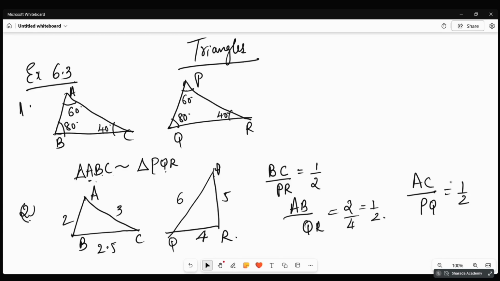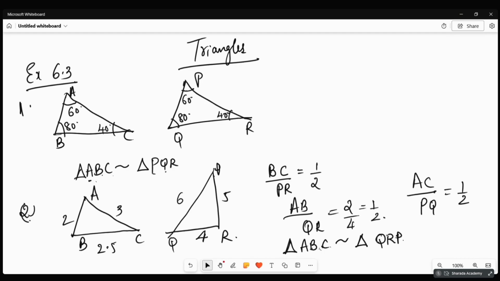By SSS criterion. Tell me the names. Second one is triangle ABC is similar to triangle QRP. Just check: AB by QR, then BC by PR, and AC by PQ.